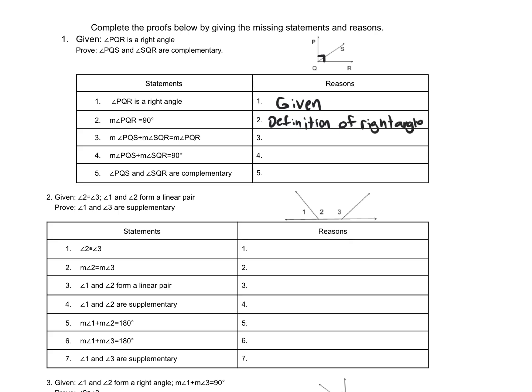Definition of right angle. All right. Now, the measure of angle PQS plus the measure of angle SQR is equal to the measure of angle PQR. Well, that is small angle plus small angle equals big angle. That is the angle addition postulate.